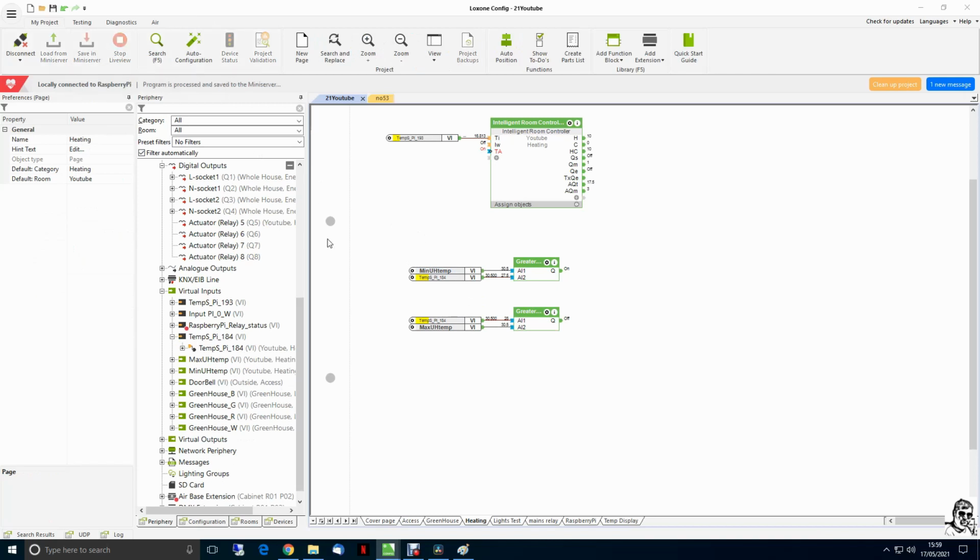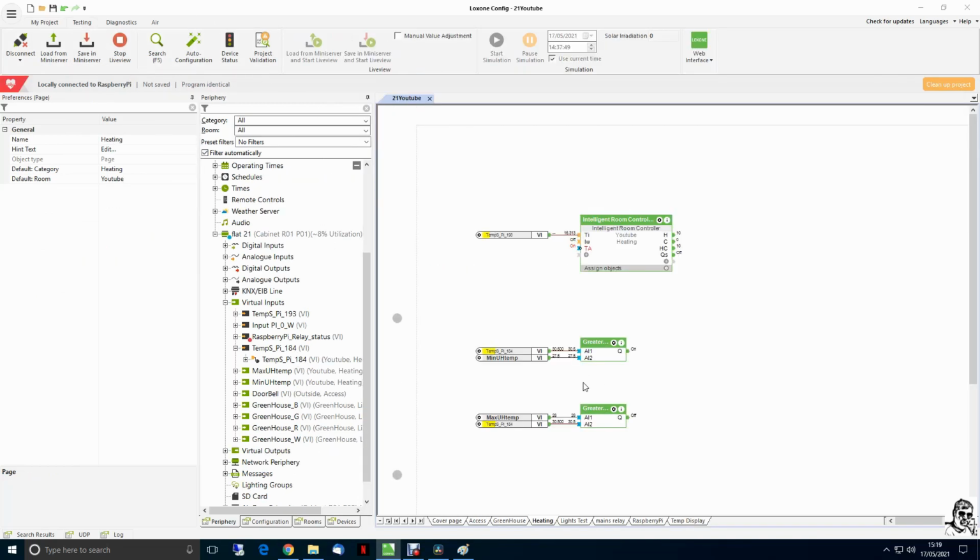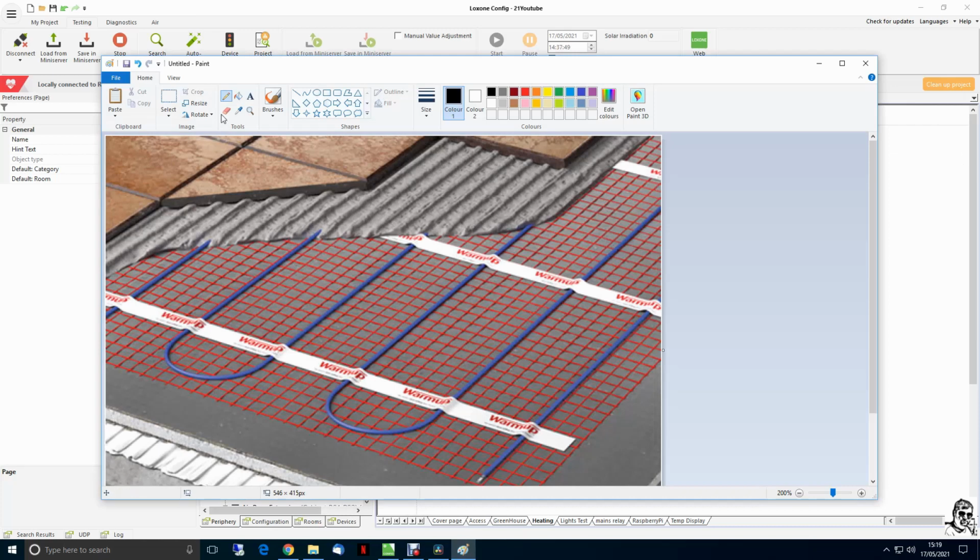Save again. Why do I have 28 degrees only? Because I placed the temperature sensor in my case right here in the middle. That will be the temperature sensor. Okay, and it needs time for the heat to travel.